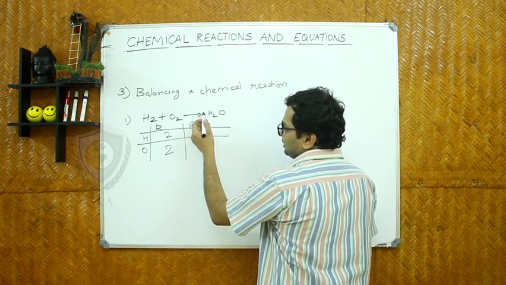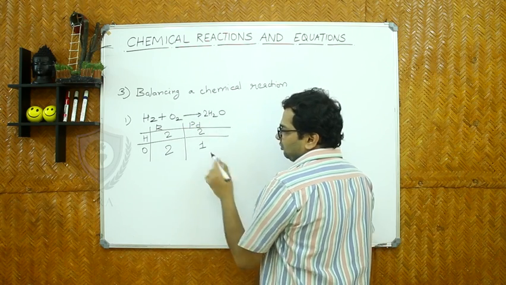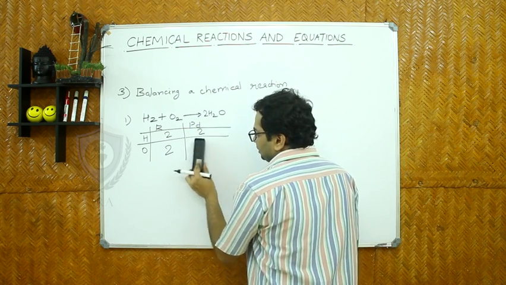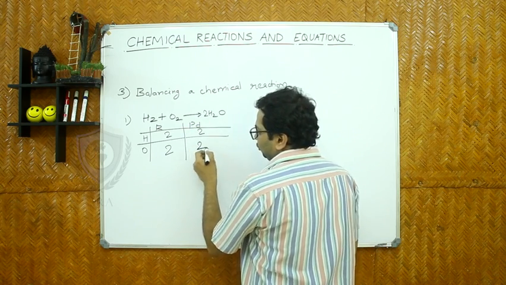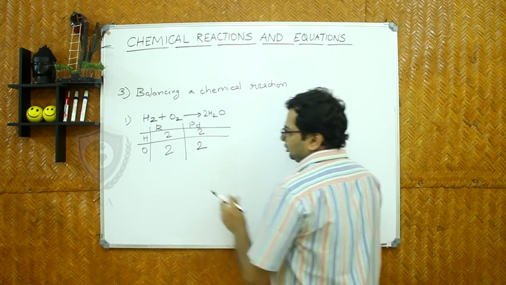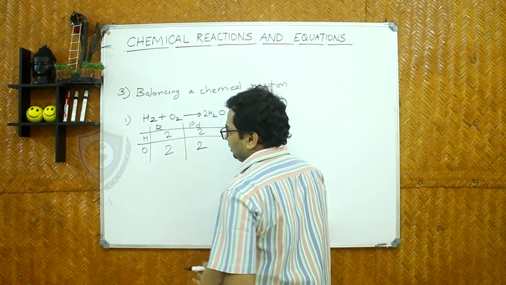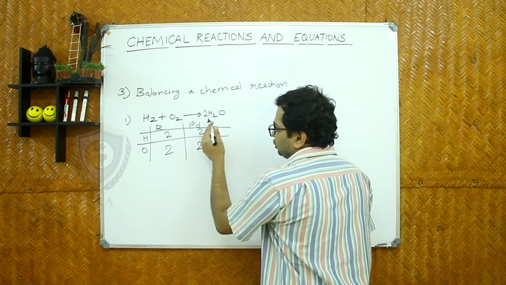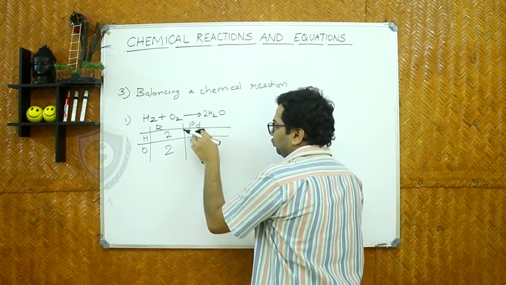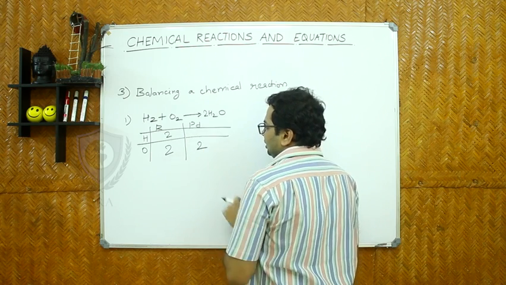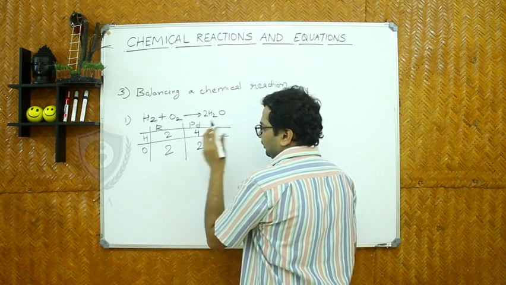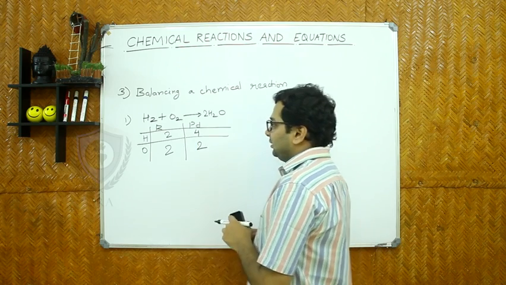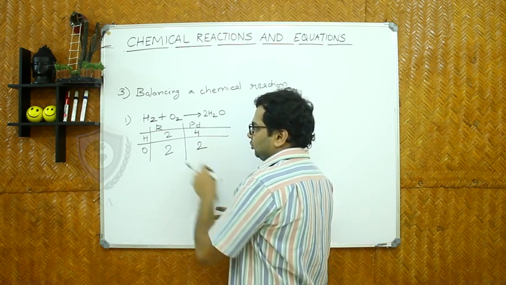So let's make this balanced by putting a 2 here, which will make sure that the number of oxygen becomes 2. Right? So you have 2 oxygen here and 2 oxygen here. But now we see that the number of hydrogen has changed from 2 to 4. So let's make this change here as 4. Now here it is 4 but here it is only 2.